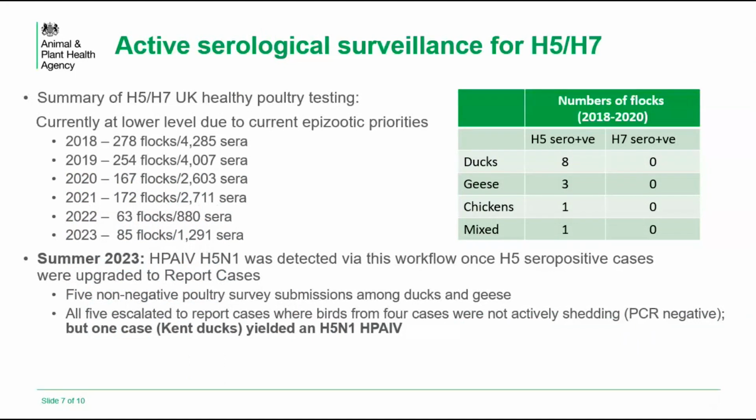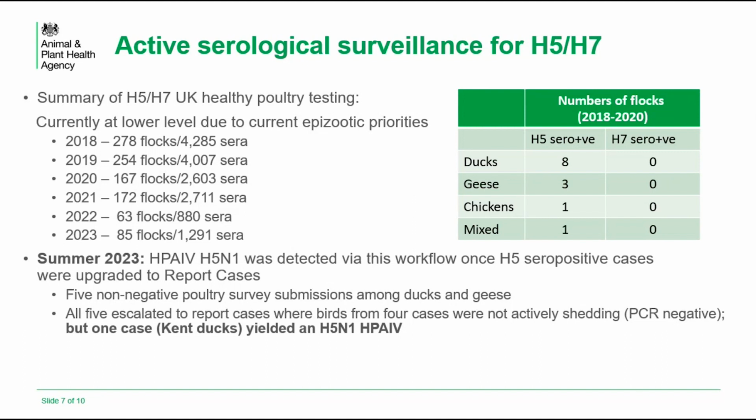Right, so Marek previously mentioned the poultry survey surveillance. So this is our serological surveillance, which we've been doing for a number of years now. And this slide summarizes the H5 and H7 antibody detection. Towards the left-hand side of the slide, you can see that the current epizootics are affecting the volume of samples we're receiving.